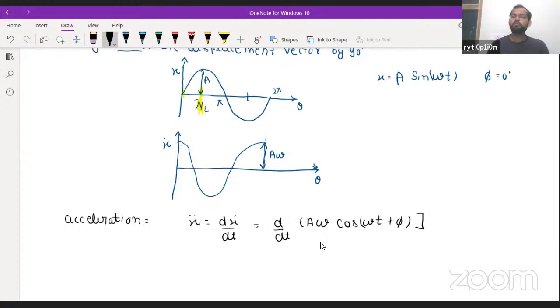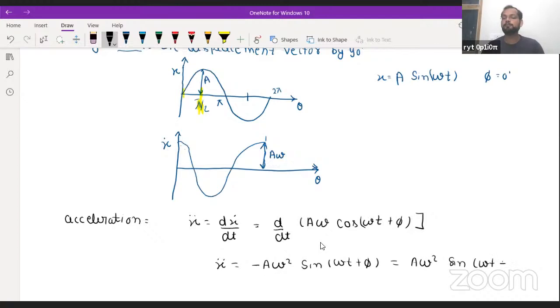When you differentiate, you get x double dot equal to minus a omega square sine omega t plus phi, or you can write it as a omega square sine omega t plus phi plus pi.